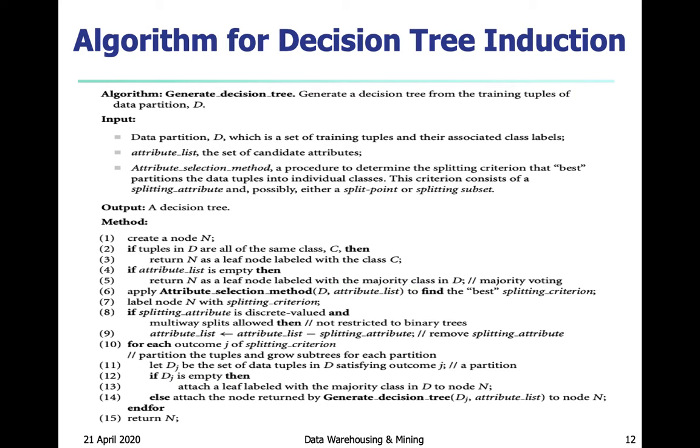If tuples in D are all of the same class, then node N becomes a leaf and is labeled with that class. This is step 2 and step 3. Means if you get a pure node, where all the tuples belong to the same class, all yes or all no, then that node N becomes a leaf.